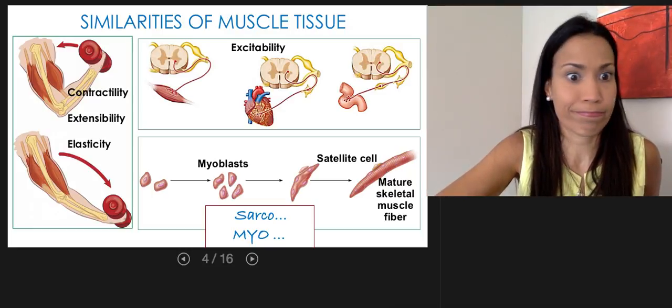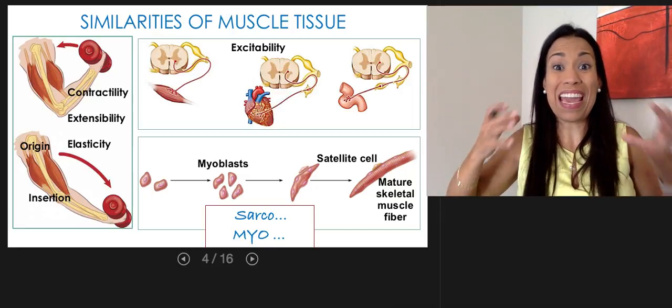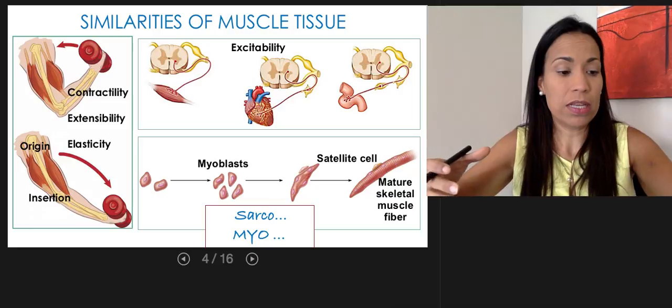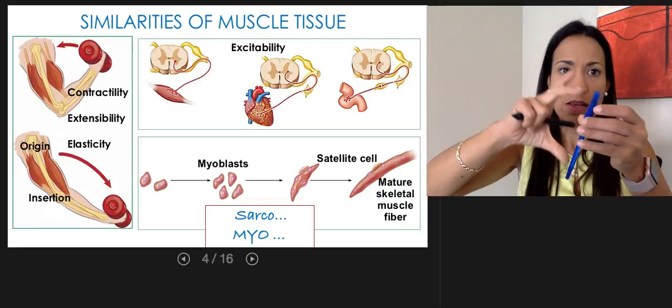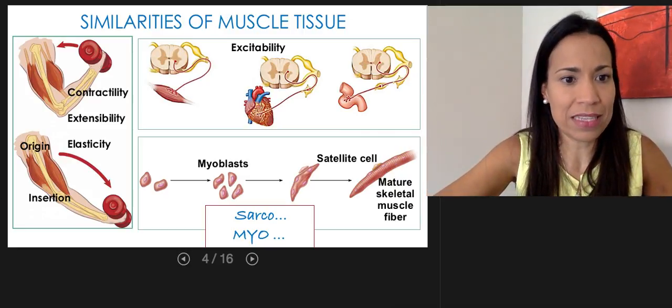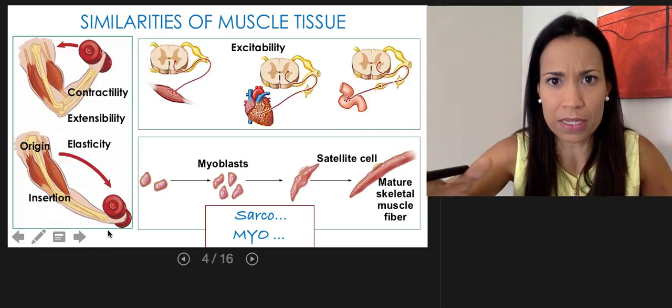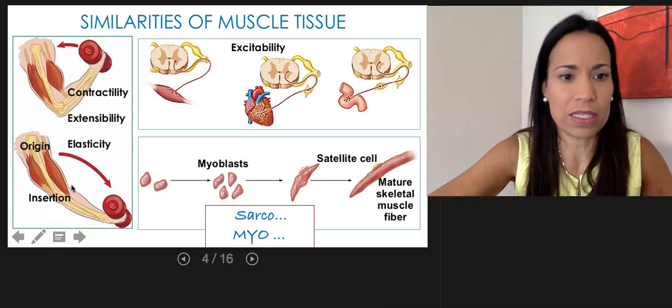One is the origin, one of the attachments, and the other one is the insertion. So any muscle has at least two attachments, right? One is the origin and one is the insertion. How do we know which one is which? Well, usually the origin is proximal to the insertion.